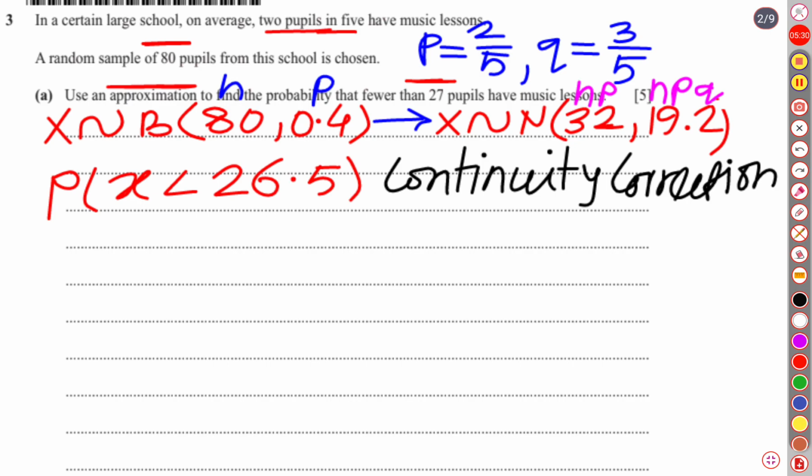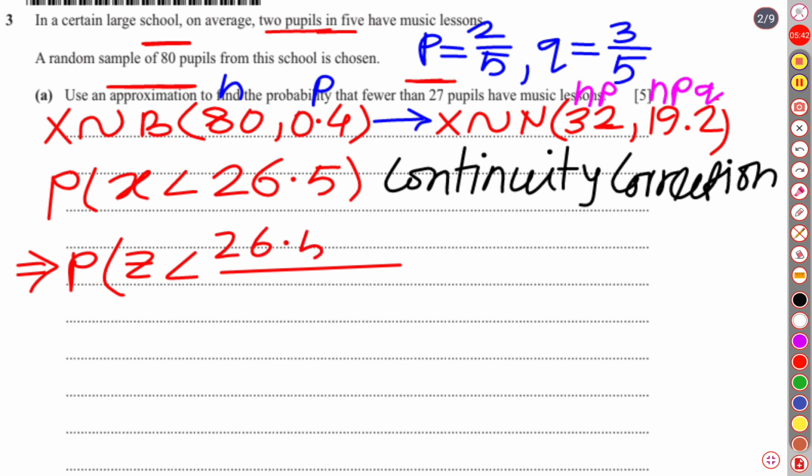Now we are going to standardize this score. So you know how to form the z score. Probability of Z is less than x minus mu, which is 26.5 minus the mean value 32, over the standard deviation. Standard deviation is the square root of the variance.